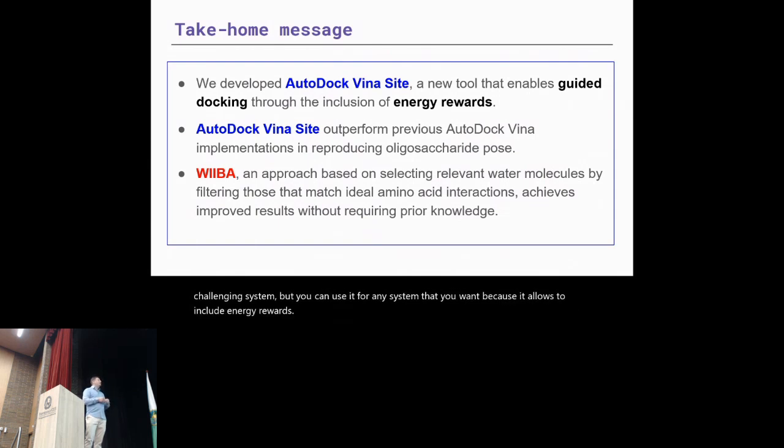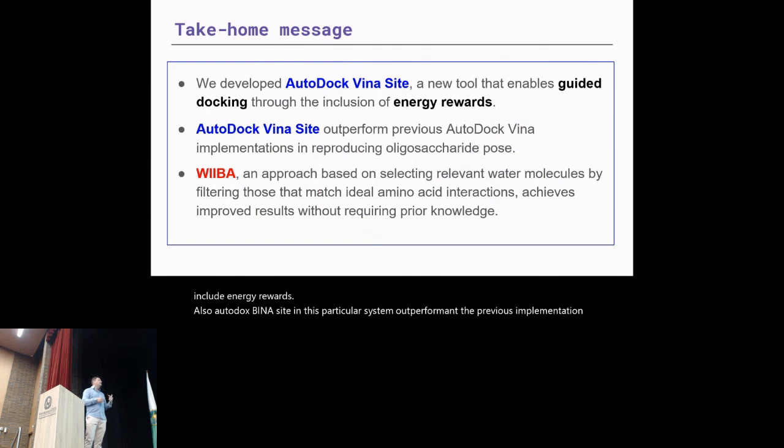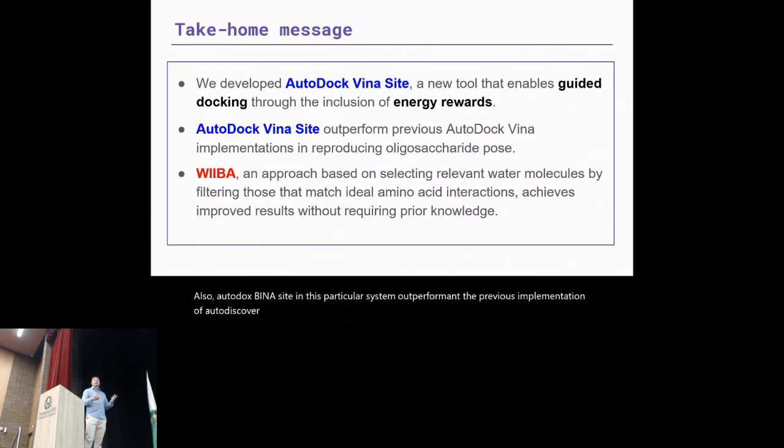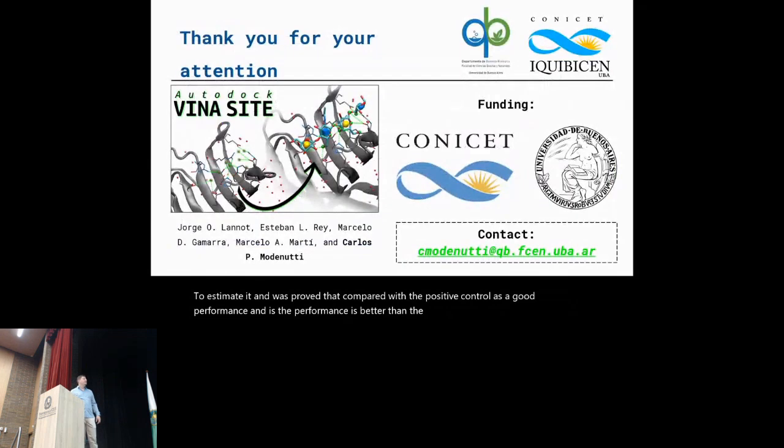Also, AutoDock Vina Site in this particular system outperforms the previous implementations. It is an approach that is super easy and super fast to estimate, and it was proven that compared with the positive control it has a good performance, and the performance is better than the previous implementations.